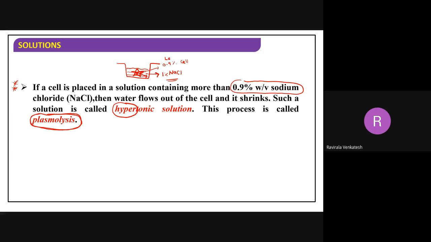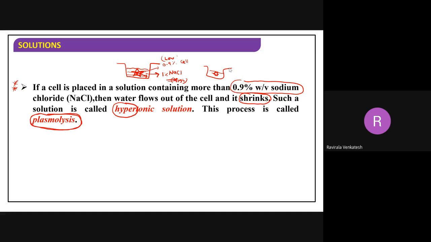Always from low to what? High. Correct or not? Because of this, the cell shrinks. The cell becomes dry. It will shrink like that, to a small size.